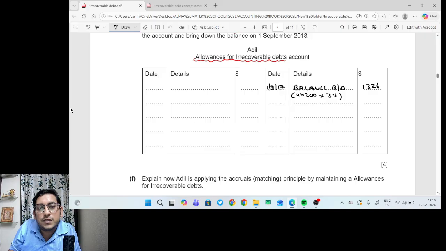So closing allowance will come on the debit side. So on 31st August 2018, I have to write what? Balance carried down.